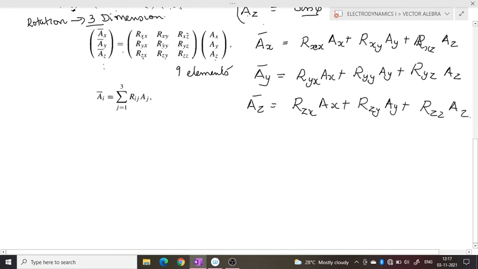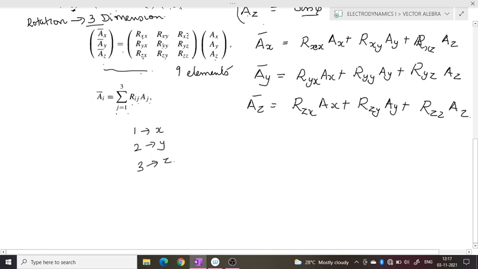So we can write this equation in a more compact form as Ai dash is equal to summation over j equal to 1 to 3 of Rij Aj, where 1 stands for x, 2 for y and 3 for z.